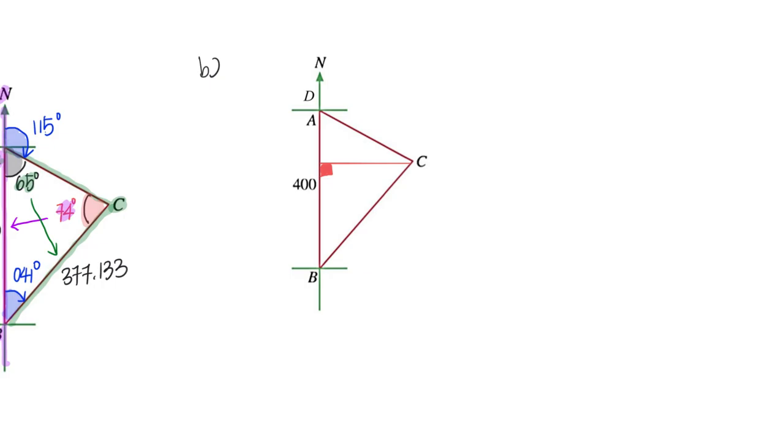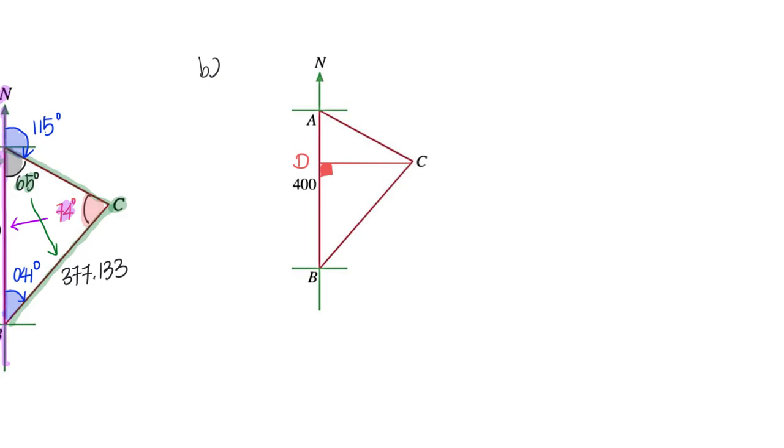Once we ascertain that, I am going to let D be the shortest distance. Oh, I saw that there's an extra D here. I'm going to hide it away.